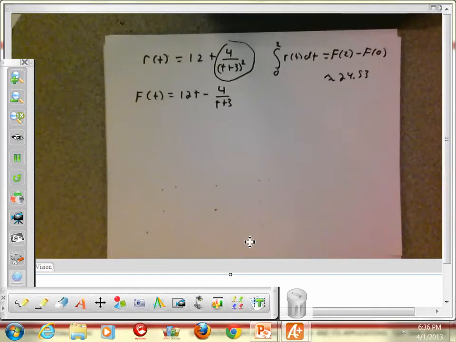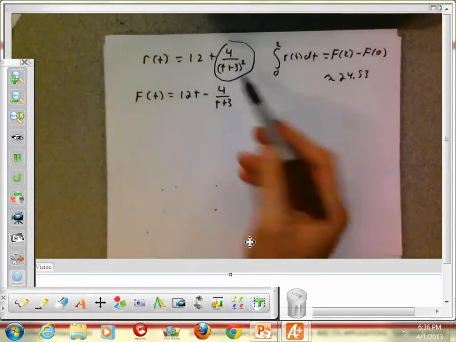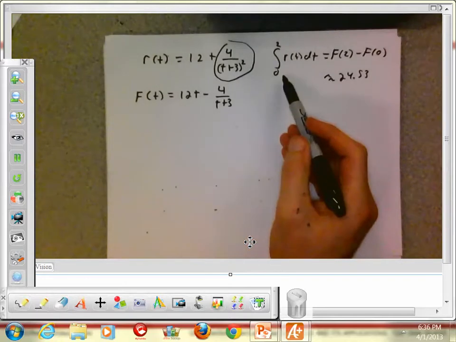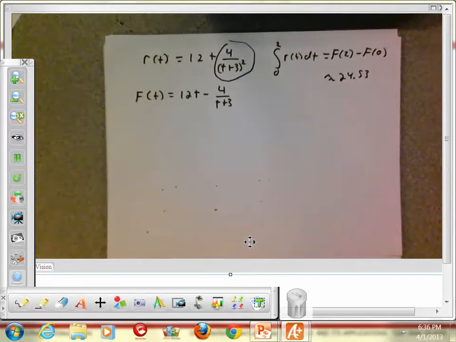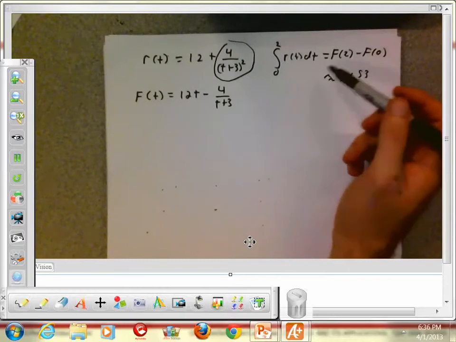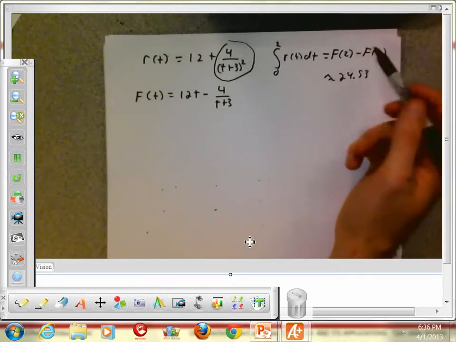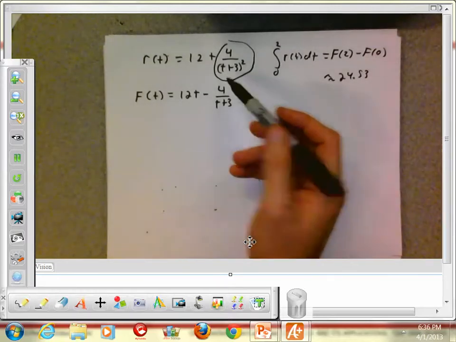We started with this function. We wanted to find its integral from 0 to 2. The first thing is, though, we have to make sure it's continuous from 0 to 2, right? So it's a rational function, and -3 is not in its domain, so it's going to be continuous everywhere else.